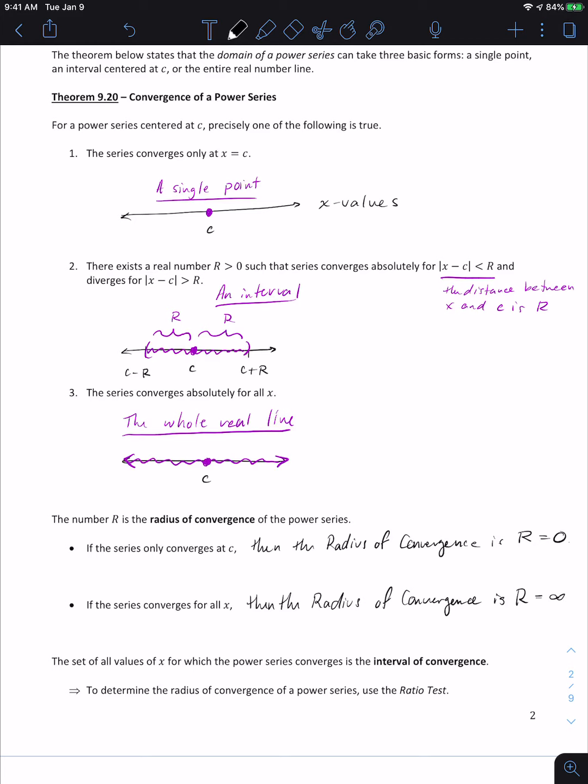In other words, that radius extends an infinite distance to the left and to the right of C. So the set of all values of X for which the power series converges is called the interval of convergence.